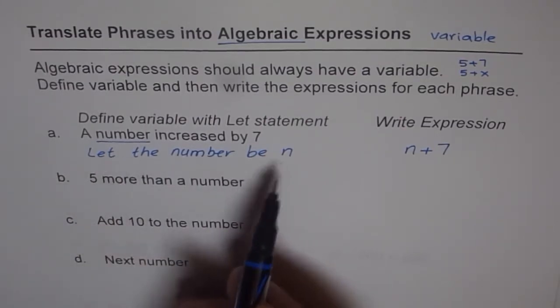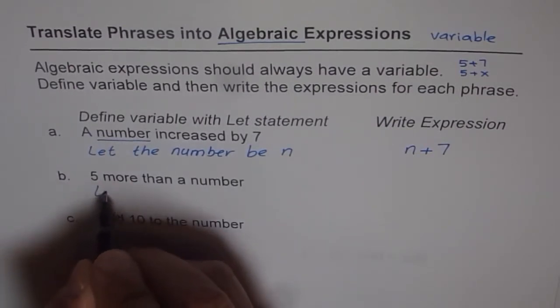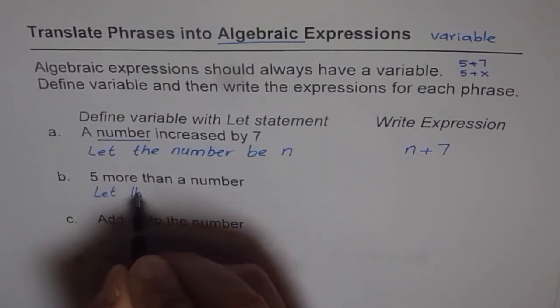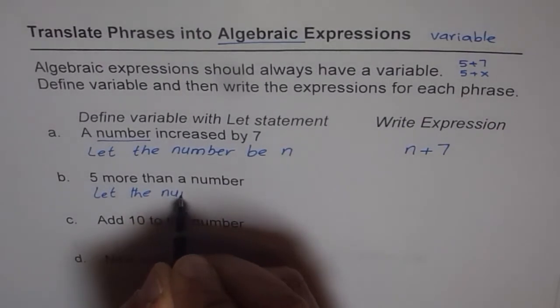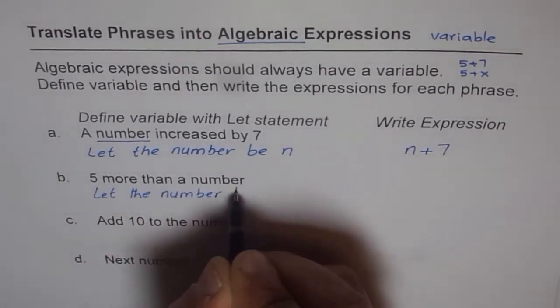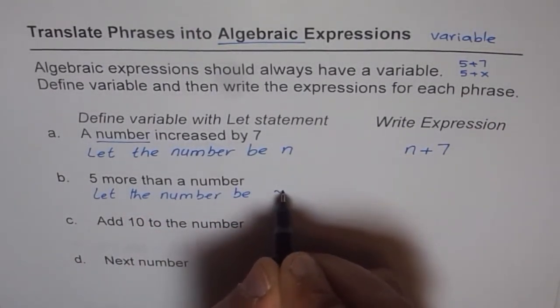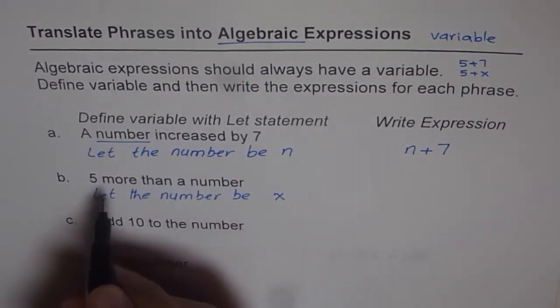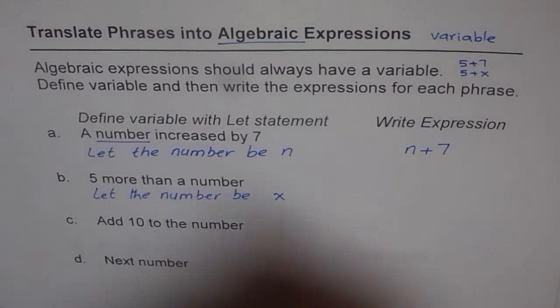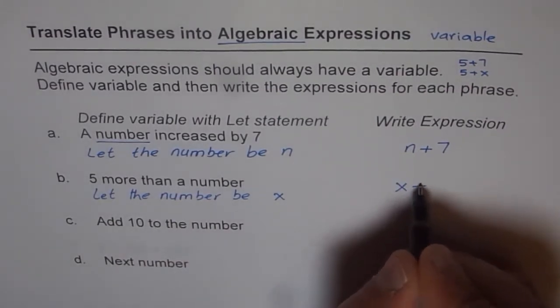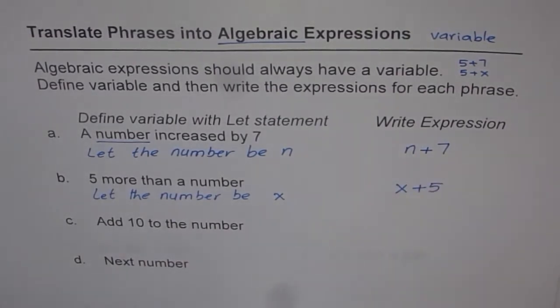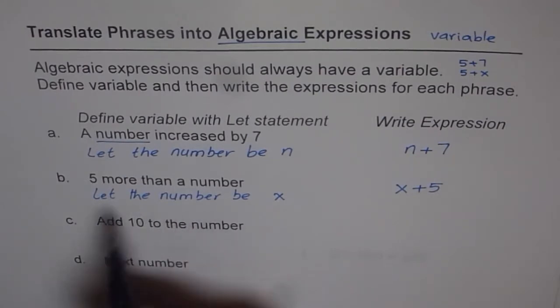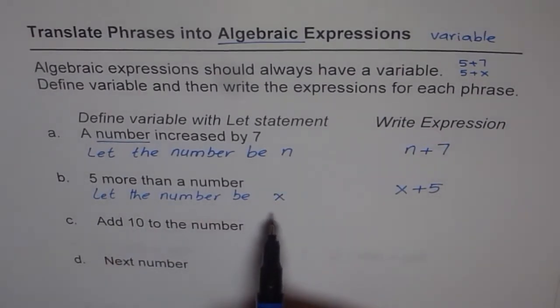Now you can again define let the number be, you can say any variable, let's say x this time. Let the number be x. In that case 5 more than a number will be x plus 5. Do you get my point? So you can define any variable letter, right? Normally we use lowercase, but we can use uppercase also.